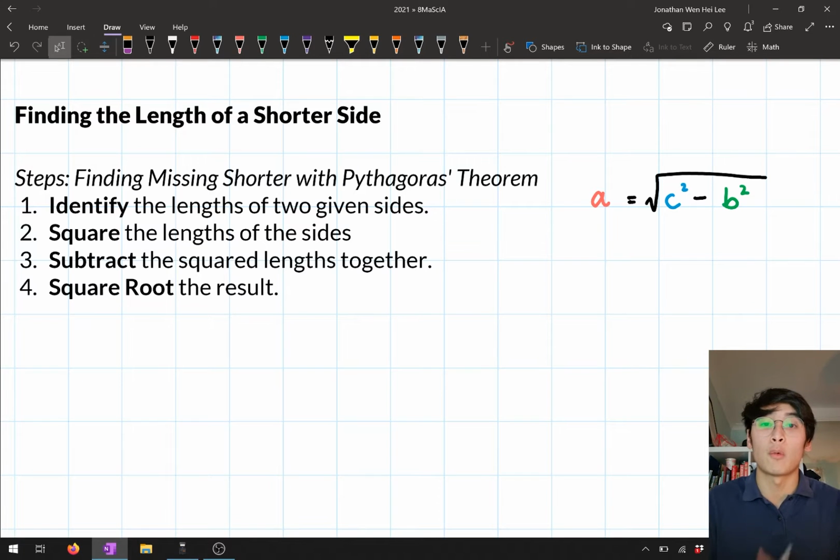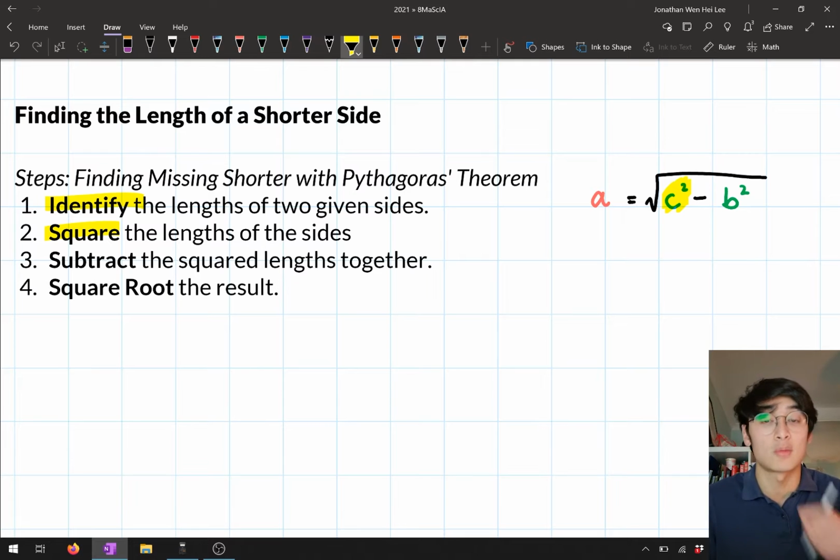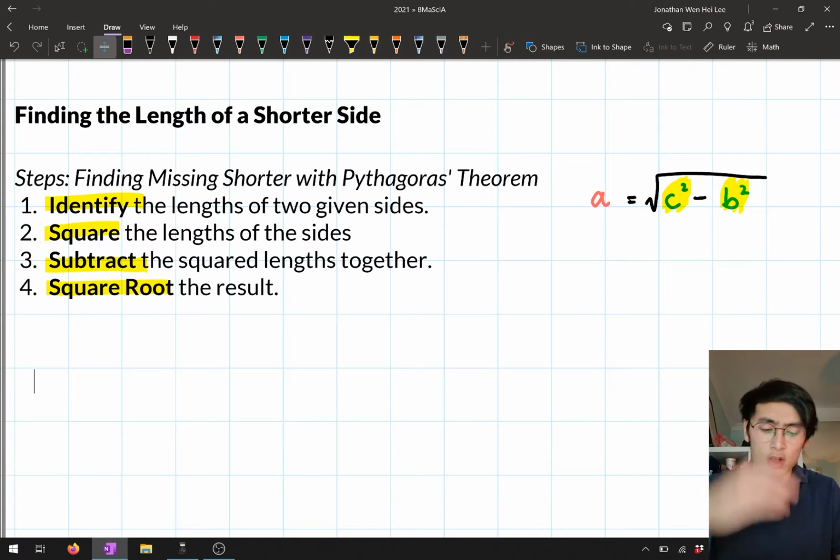We want to identify which one is the hypotenuse and which one is our shorter side. Then we square both the side lengths. In my formula, I still have c squared, so I'm squaring the hypotenuse, and b squared, I'm squaring the shorter side. Then this time, instead of adding, we subtract the two side lengths. From there, we take the square root of the result, just like we did in the last lesson. So let's have a go at applying this in a question.